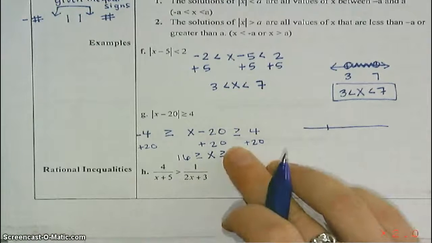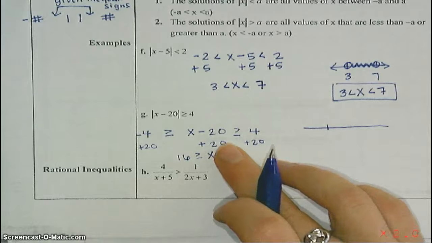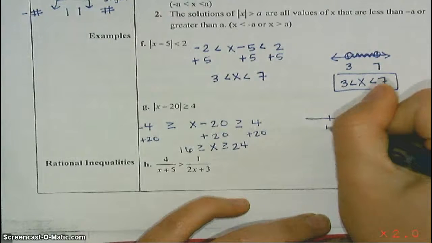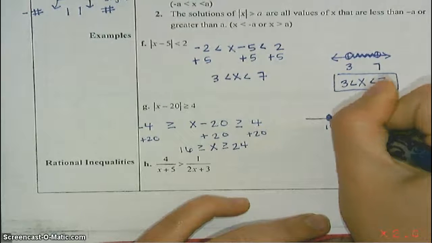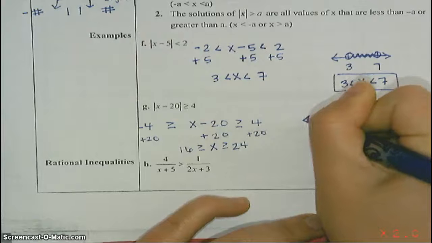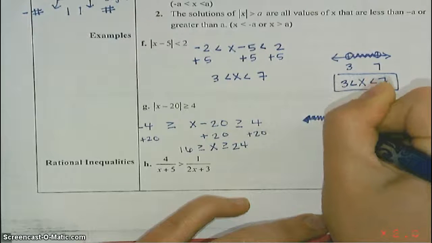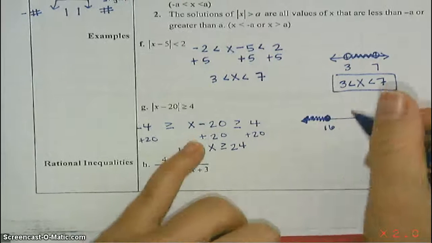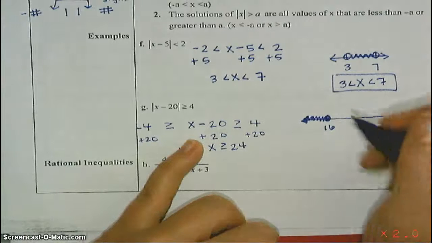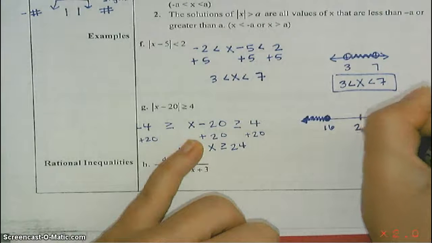If you were to cover up this 24, you would have x is less than or equal to 16. So here's 16. I'm looking at all the values that are equal to it and then to the left. On the other side, if you were to cover up the 16, we're going to have x is greater than or equal to 24. So here's 24.